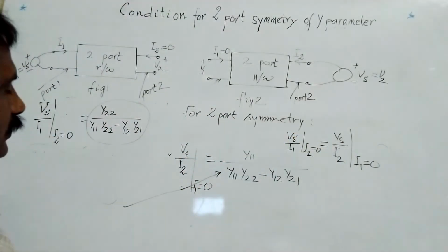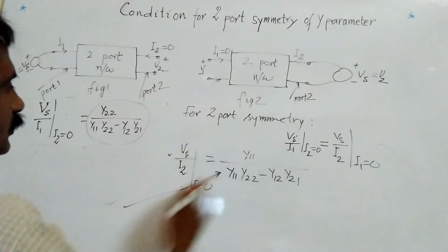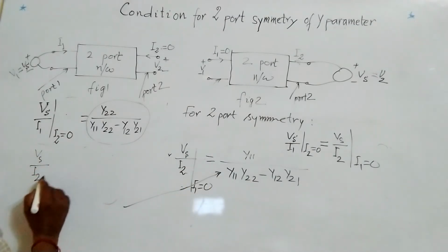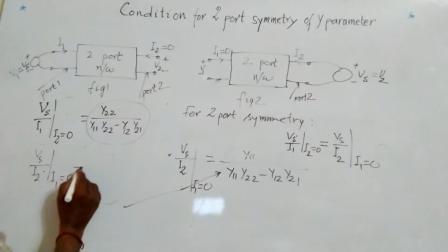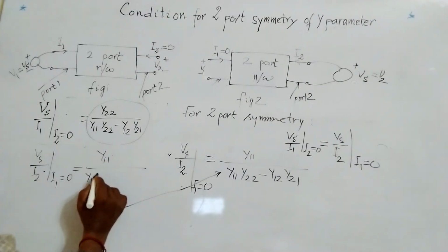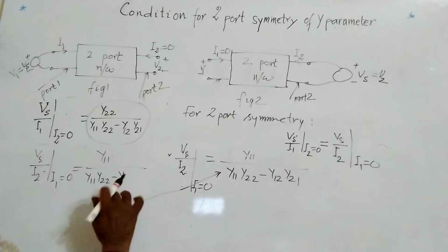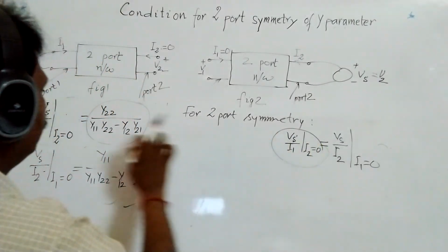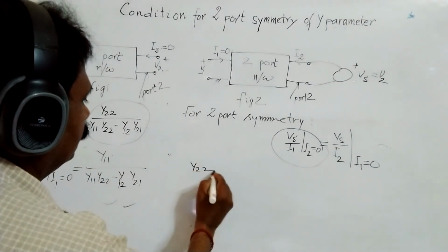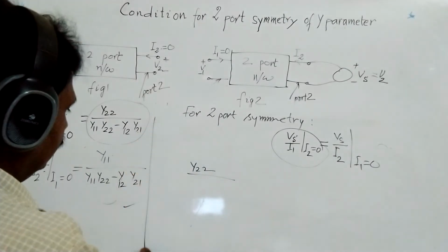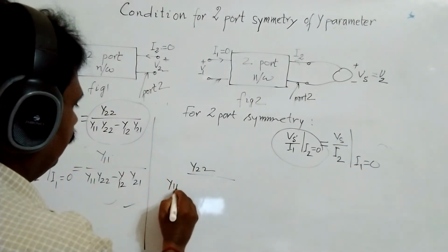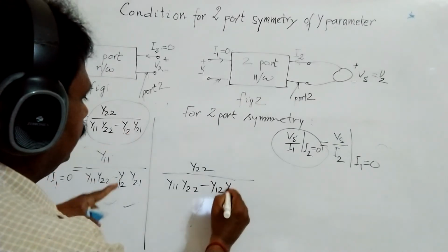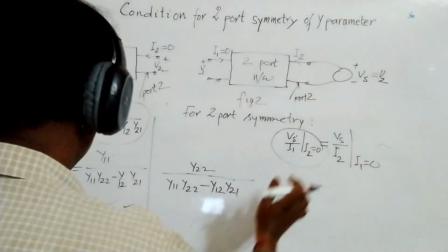Then putting this value here, Vs by I2 when I1 equal to 0 equals y11 by y11 into y22 minus y12 into y21. For the other condition, this value we have already found out, that is y22 by y11 y22 minus y12 into y21.